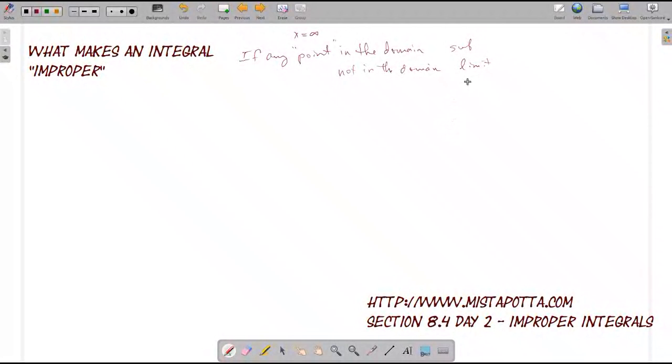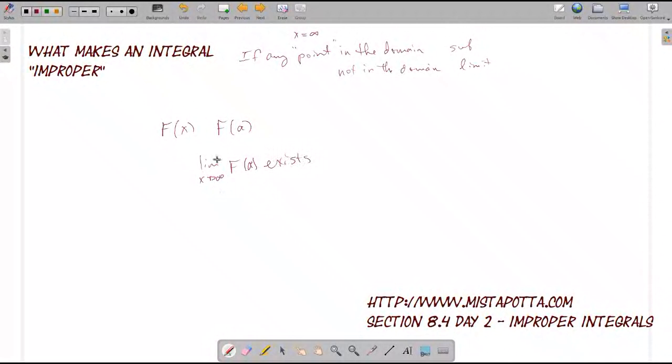And so a lot of the ones that we've had that have worked have been situations where either the antiderivative, in other words, if my function has an antiderivative, I can either substitute in a particular value, or I can look at it from a limit situation, and the idea is that this exists.